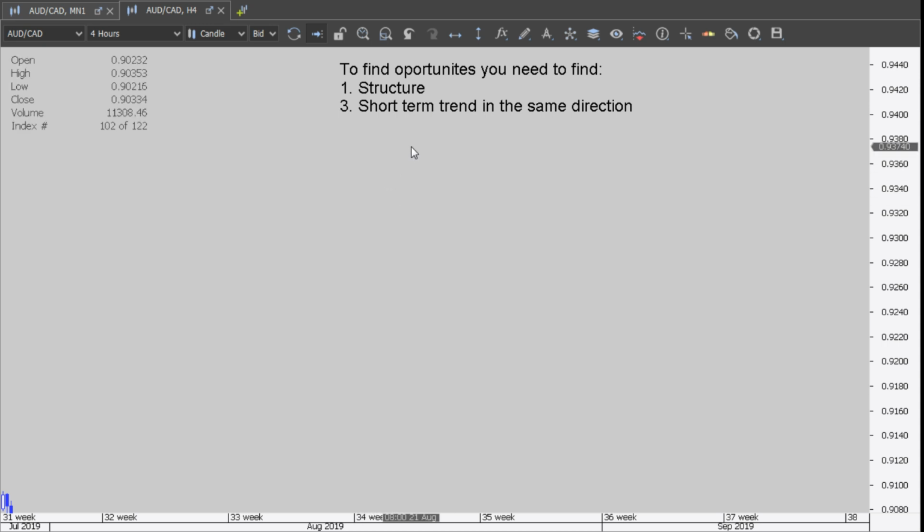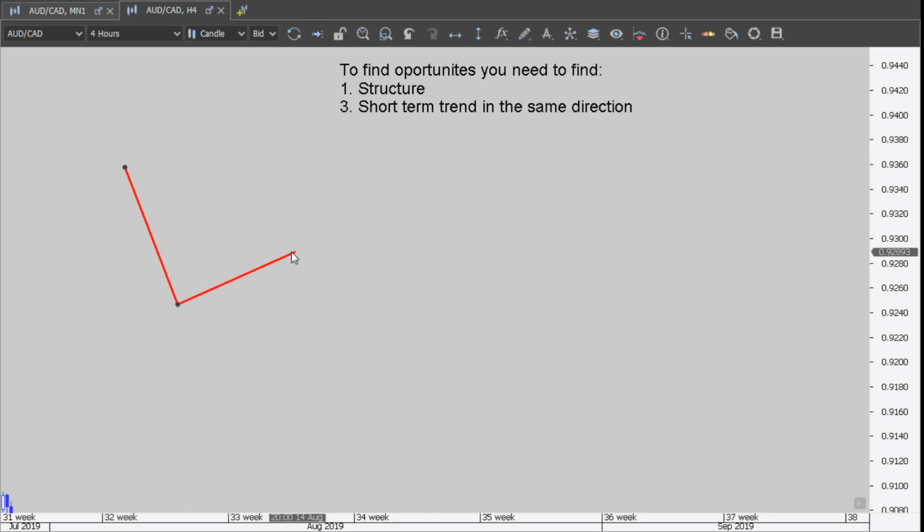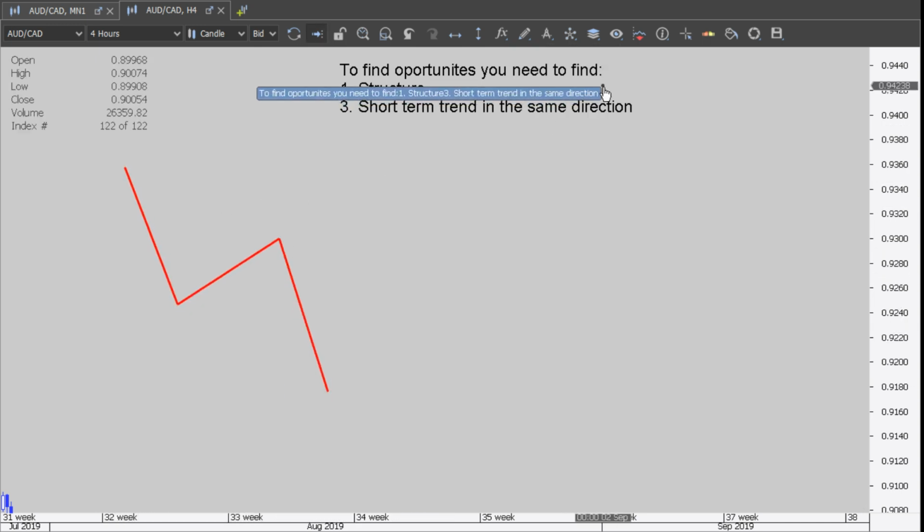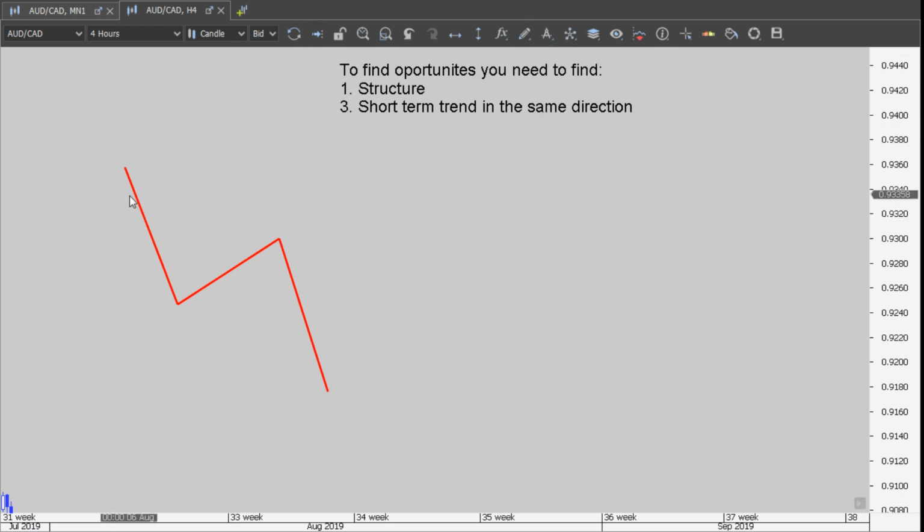Okay, so to find opportunities, you need to find what? Number one, structure. So if you're a beginner trader, try to find a down structure with a short-term downtrend, and we're going to color code it like this.